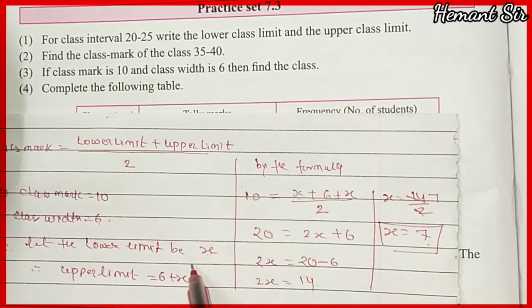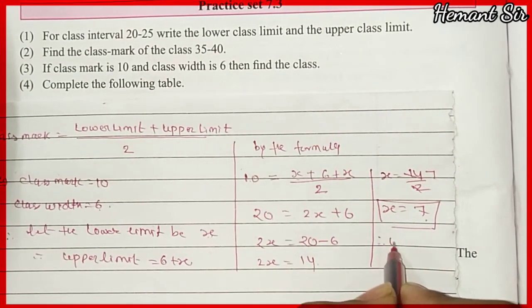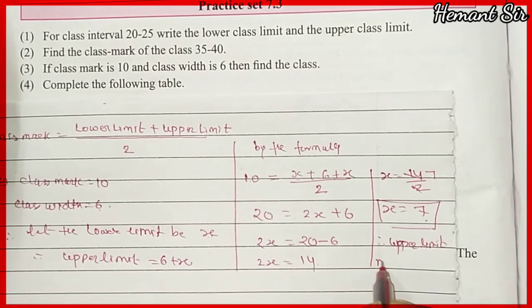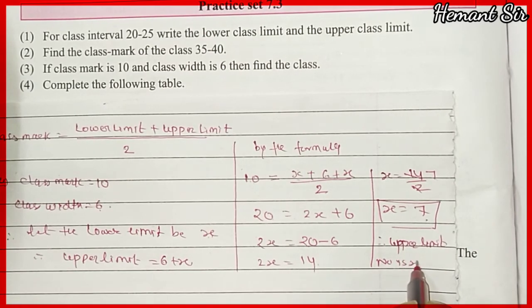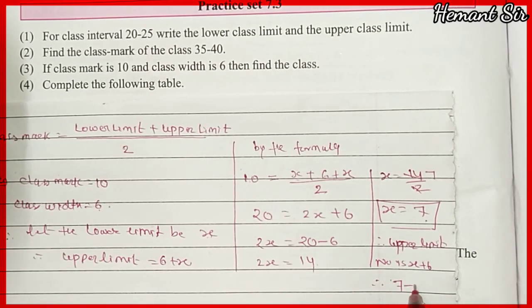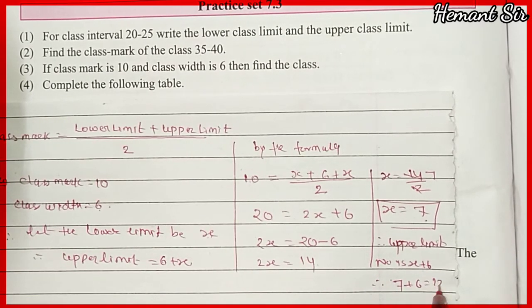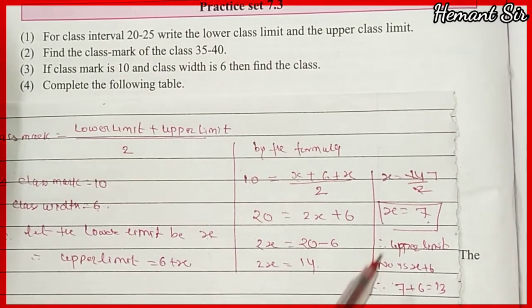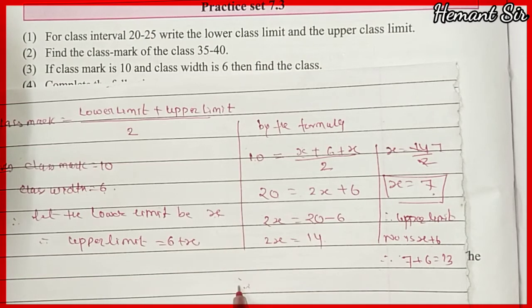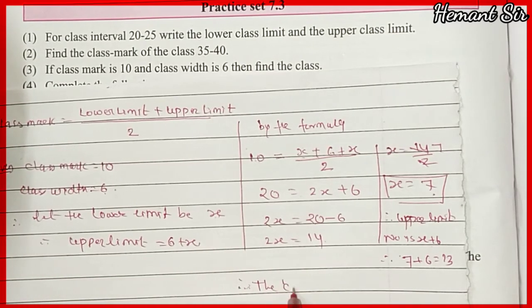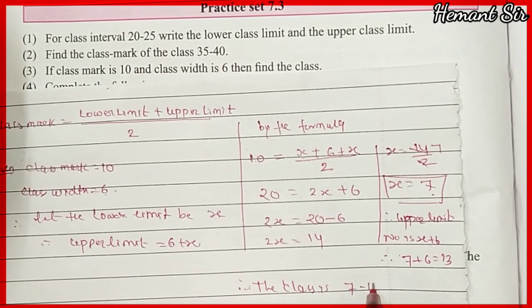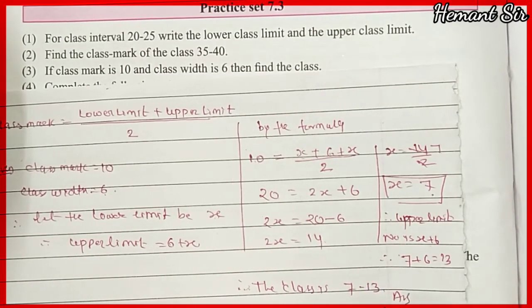It is x plus 6, and x is 7, so 7 plus 6 equals 13. So the class is 7 to 13, and it is our answer.